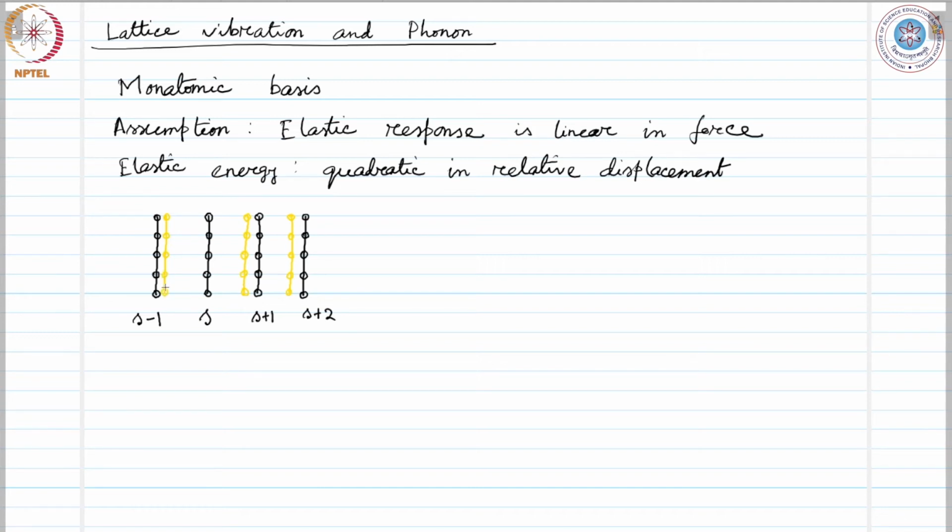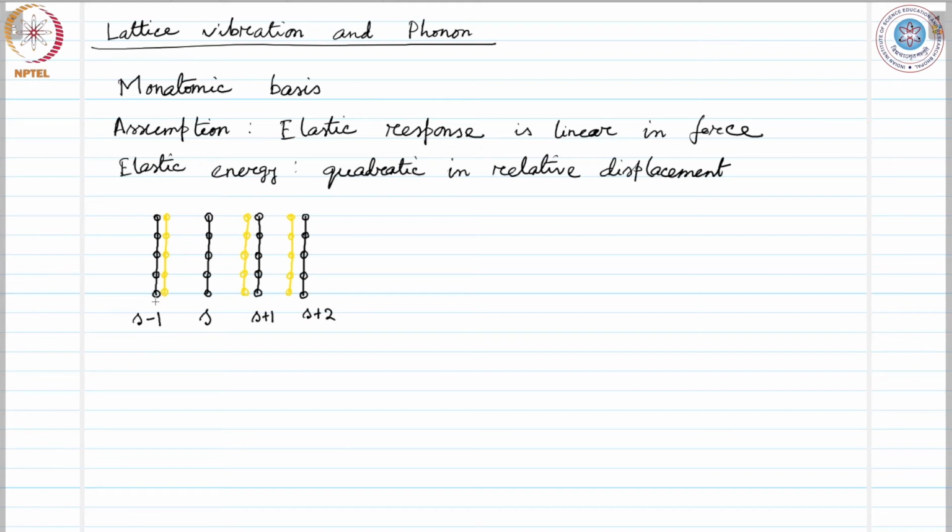In this kind of a situation, we consider only nearest neighbor interaction. We don't consider that this plane feels the interaction from this one as well. We assume that the Sth plane feels the interaction only from the S plus 1 plane and S minus 1 plane.